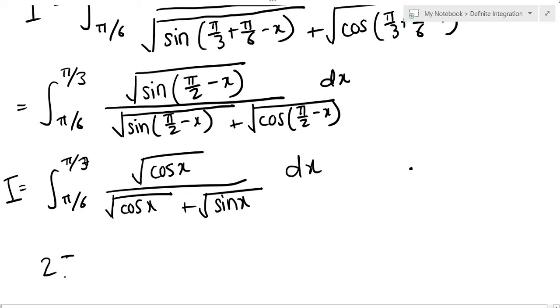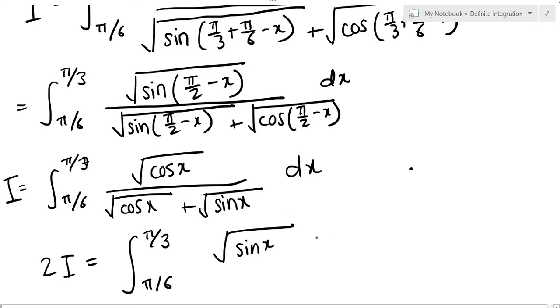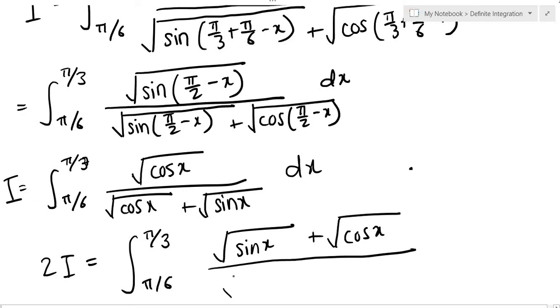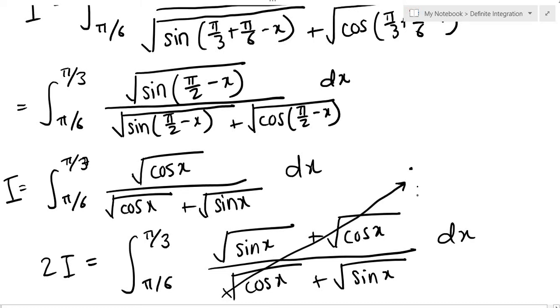So I'll have I plus I, or 2I, the integral from pi by 6 to pi by 3 of square root of sine x plus square root of cosine x all over, and the denominator is common, so that's why I could just add the terms in the numerator up directly, dx. And now look at this, everything just blows off to 1.